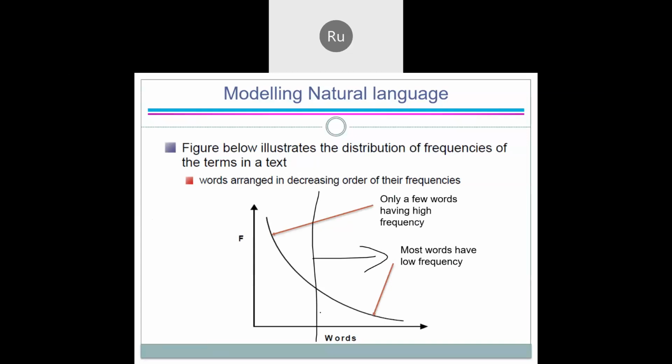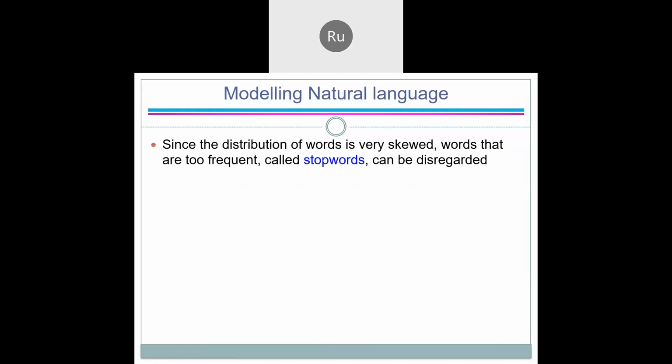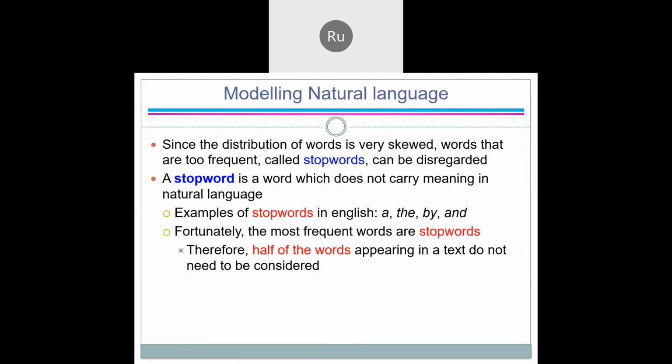Let me correct that: you can ignore the words on your left, not on your right, because more frequent means they are less important, they carry less meaning. That's why stop words, which exist so many times in the text, are more frequent and carry less meaning.